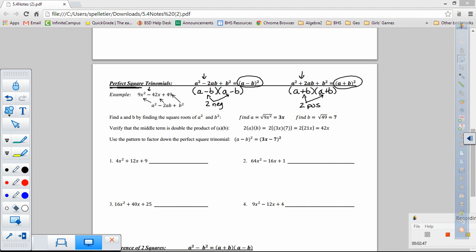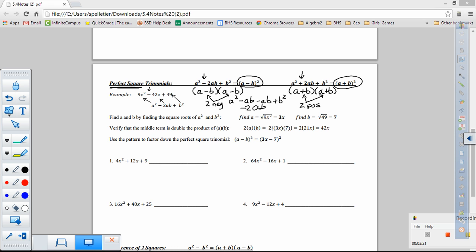So if I did that, I would get a squared, and then I would get negative ab for the outside, and then I would get negative ab for the inside, and then I would get positive b squared on the outside. So I actually have two negative ab's, and then we fix that. We don't write it that way, right? We actually put the negative in front. That's just how I was reading it, so that you could see there are two ab's, and they're both negatives.